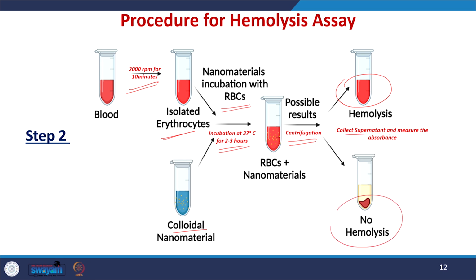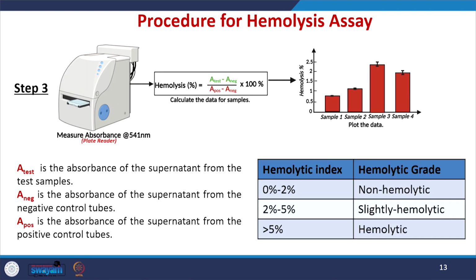Then you collect the supernatant and measure the absorbance using a spectrophotometer. The absorbance can be measured at 541 nanometer using the plate reader. Then the percentage of hemolysis can be calculated by A test minus A negative, divided by A positive minus A negative, multiplied by 100%.